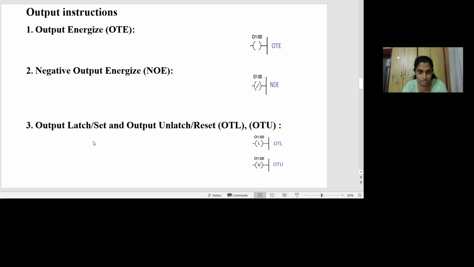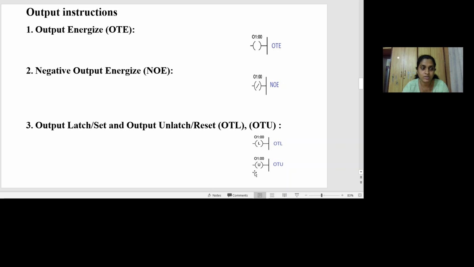The third output instruction is the output latch and output unlatch system. So here, if the condition of the left link of OTL is momentarily on, the output will be set, and it remains set even if the condition switches to the off state.